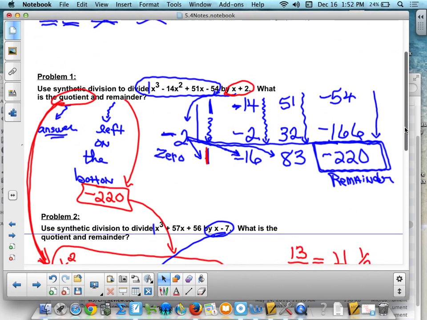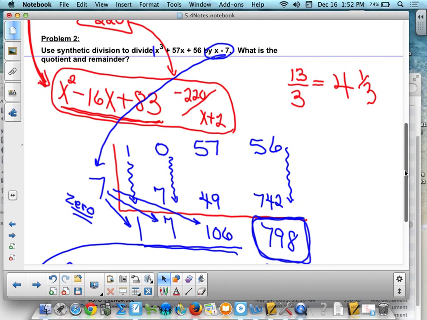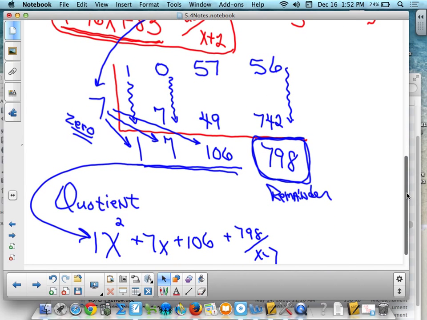Okay, when you're asked to divide, like this. If you're being asked, what is the quotient? They're saying, go ahead and divide it. Tell me the answer. What's the remainder? Well, you do synthetic. So when you did synthetic here, you came up with this remainder. But that number is called the constant number. That's the coefficient in front of x. That's the coefficient in front of x squared.